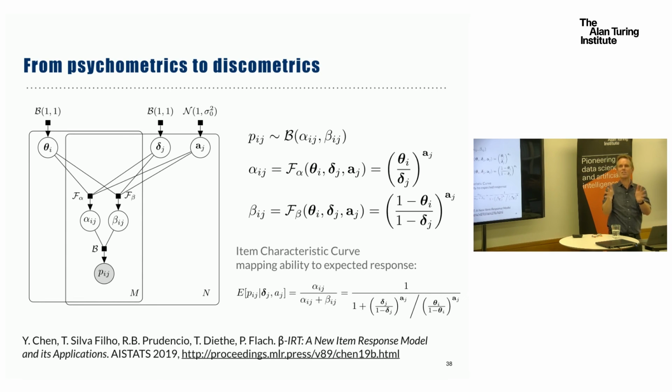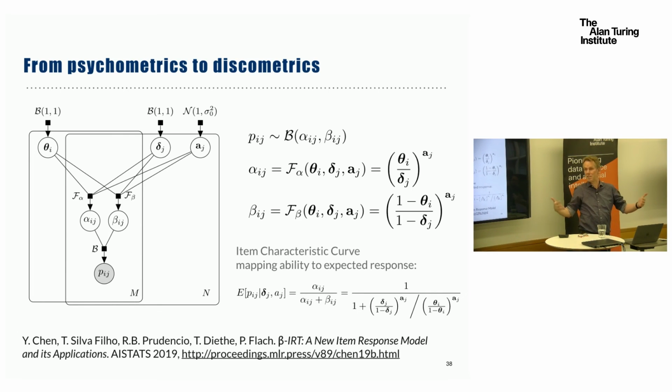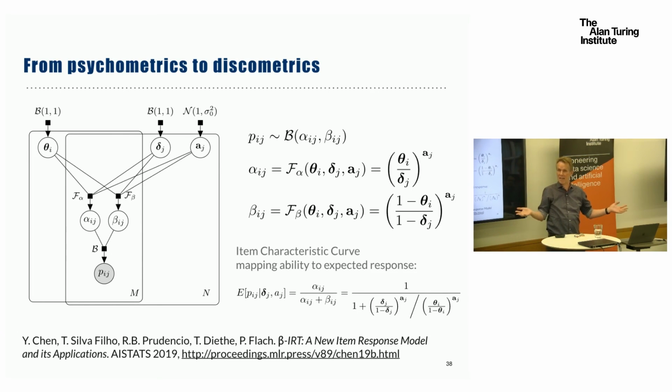If I want to test your ability, I'm going to give you a medium hard question. And depending on how well you do on it, I'm going to give you a harder or an easier question. So I'm doing kind of a binary search in ability space. And so with maybe 5 questions, I have discretized ability space in 32 bins, which is probably OK.